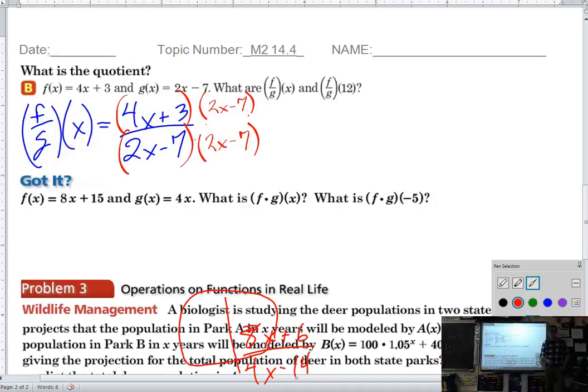Essentially, one of these could cancel with one of these, and you end up in the same spot, because all you're doing is multiplying by 1.